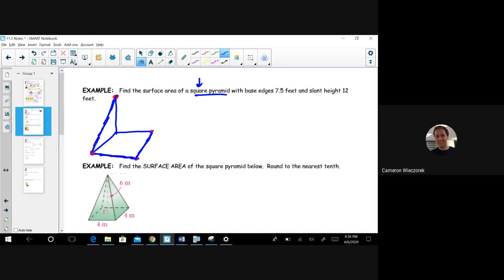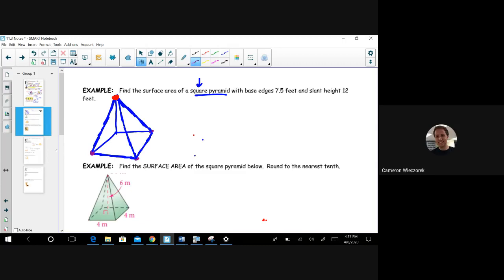So there's one lateral edge. There's another lateral edge. And there's another lateral edge. Okay, not a perfect pyramid, but it'll do the trick for the purpose of this problem. What did they give us now?